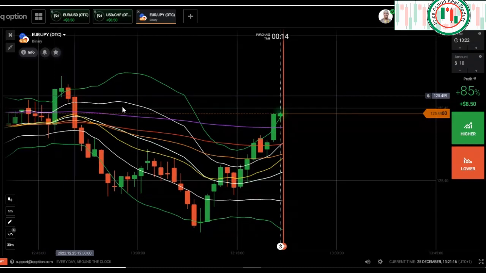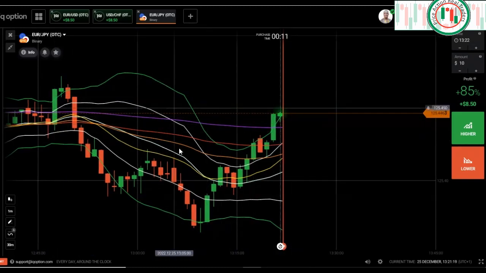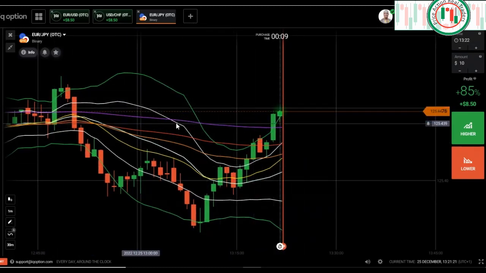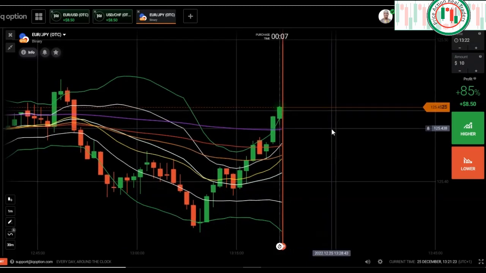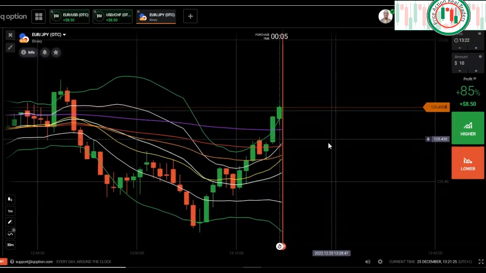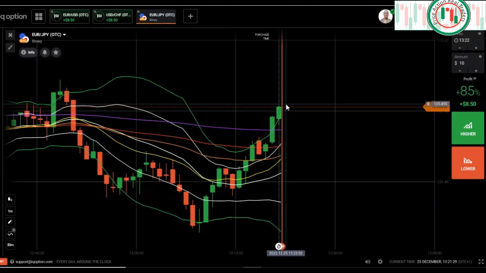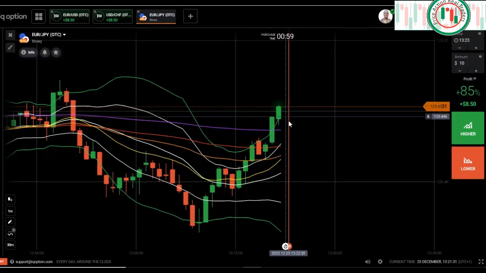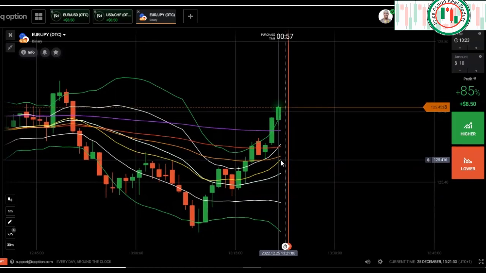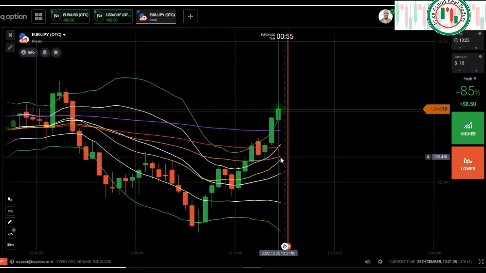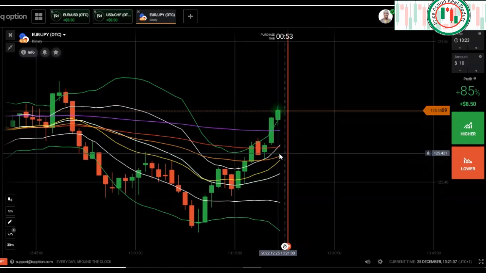So here you see this is a ranging market because of the plus 200 EMA, but you can see a breakout of the Bollinger Band, and the 20 is trying to cross the 50 here.